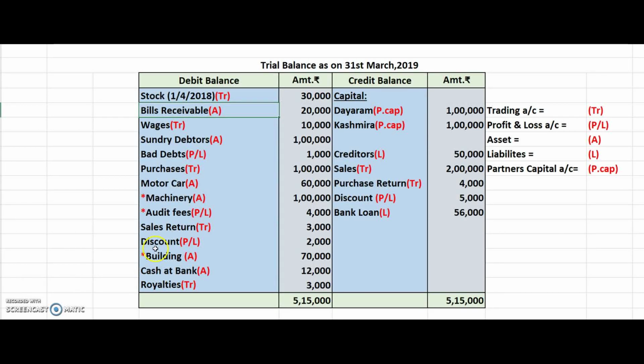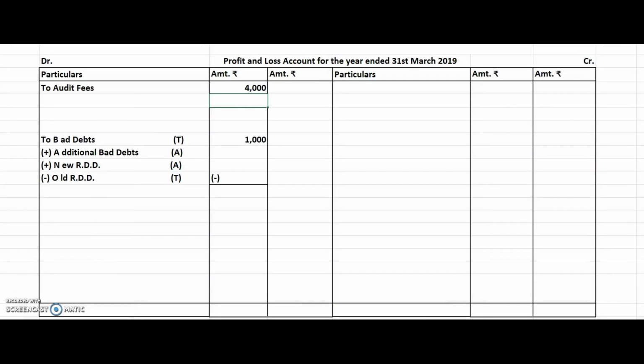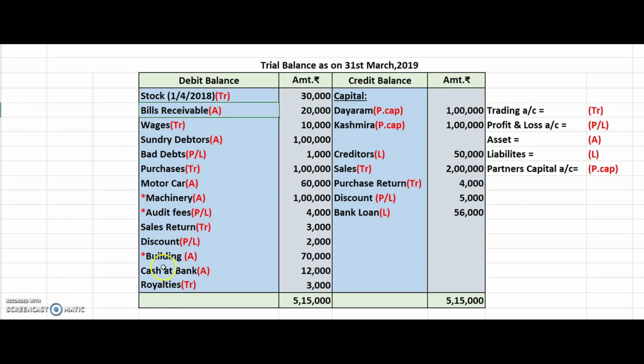Next item is discount. This is a mind work, therefore it is a profit and loss account item. We have to write it in P&L. Debit side, 2000. If there is no star, you have to write it in the outer column. Building, it has a star marking, it's an asset.